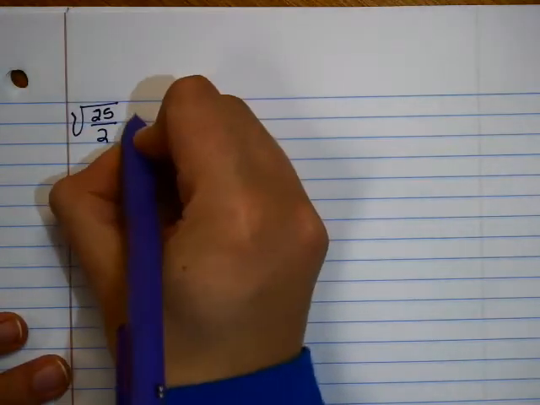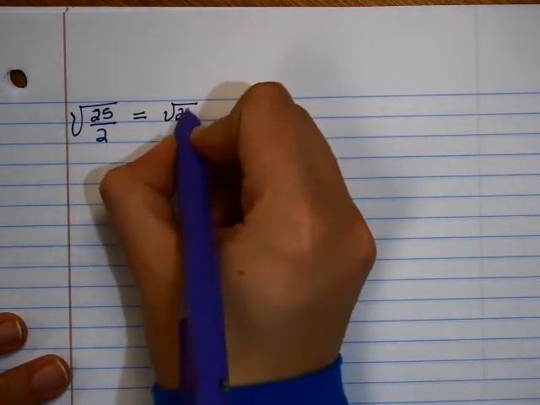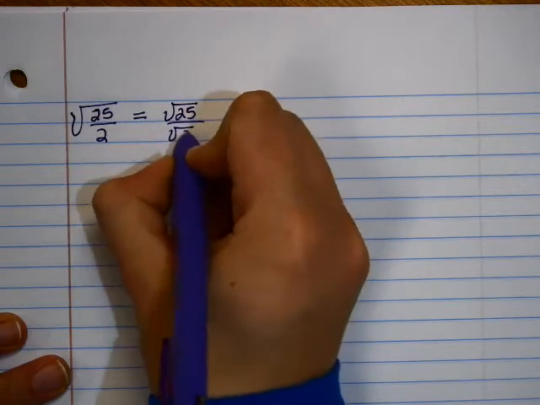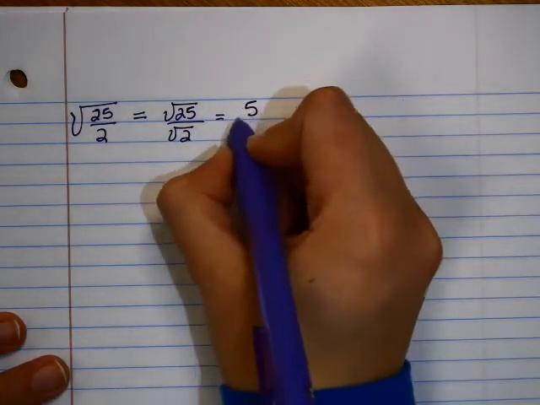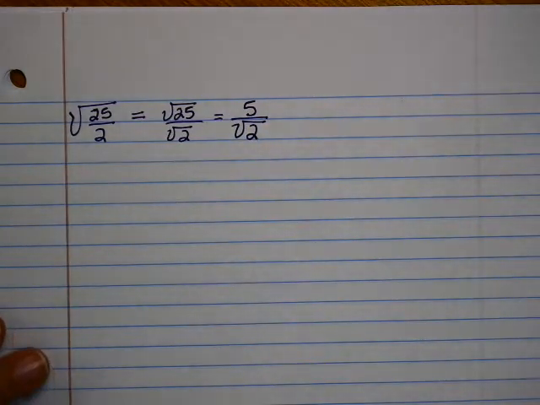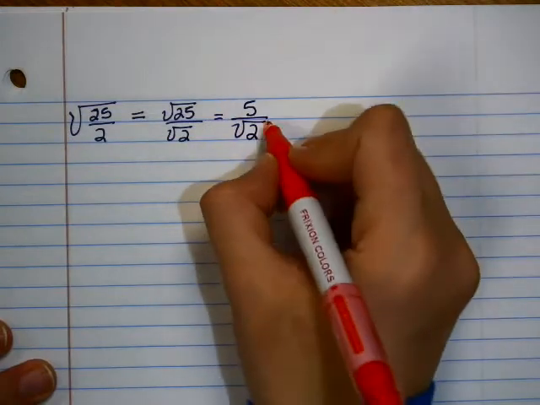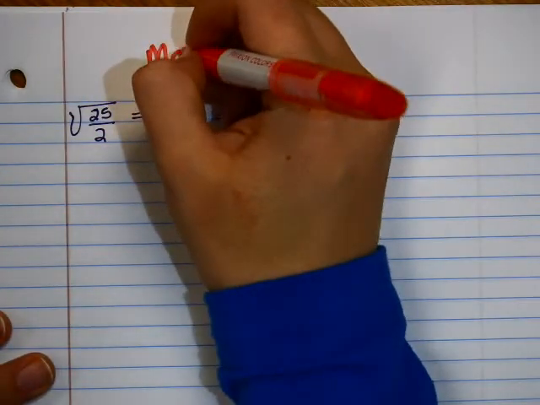Okay, so if I keep working it, I take square root of 25 over square root of 2. But square root of 25 I know is 5, and square root of 2 is in my denominator, but this is a red flag. We can't have a square root in the denominator. That is a math rule.